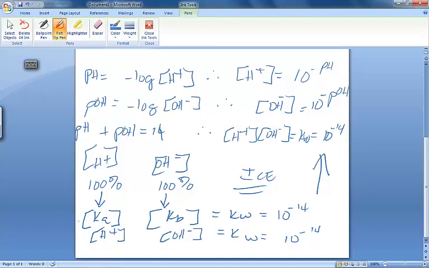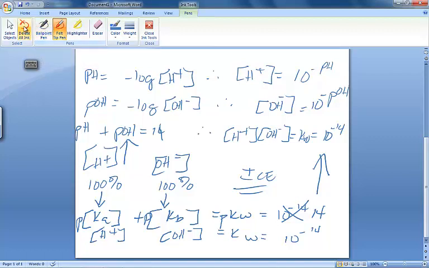Which means that if you were to take the pKa plus pKb, you would find pKw, and that would equal 14, just like pH plus pOH is equal to 14.